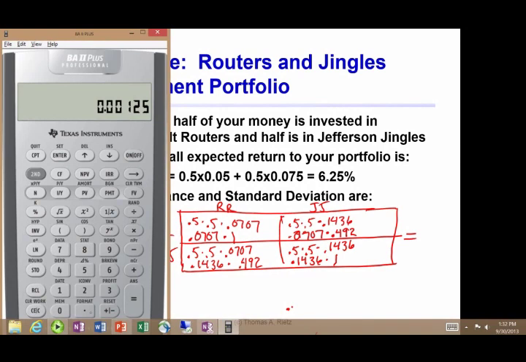In the lower right corner, it's half, half, Jefferson Jingles, and Jefferson Jingles. Now I just need to add up these four things. And that's 0.008906.